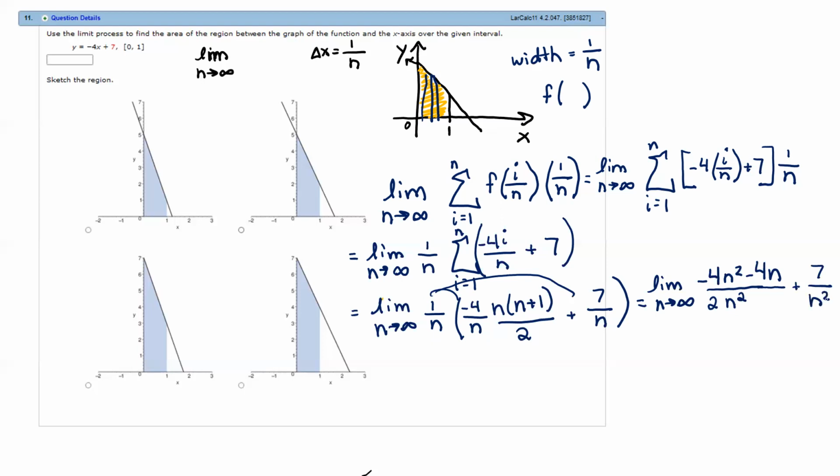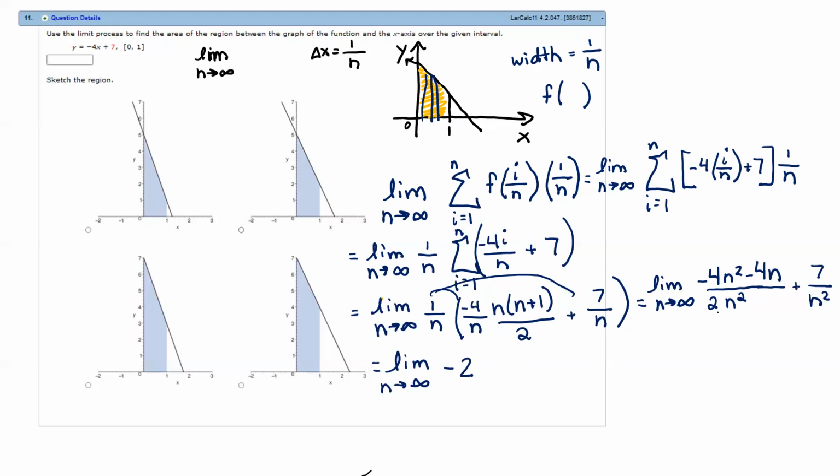Now looking at this limit, we are able to simplify some things. So we're looking at the limit as n goes to infinity. We have a common factor of really n squared. So we end up with negative 2.